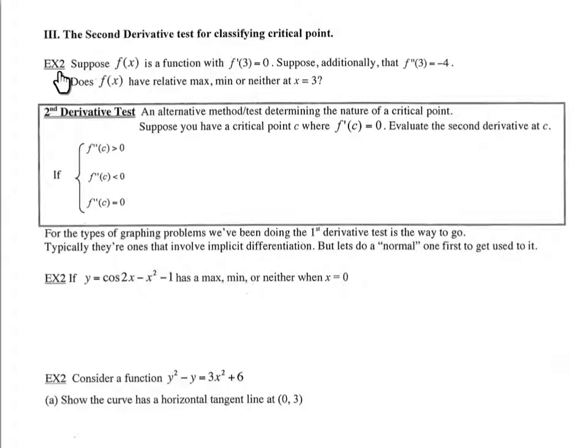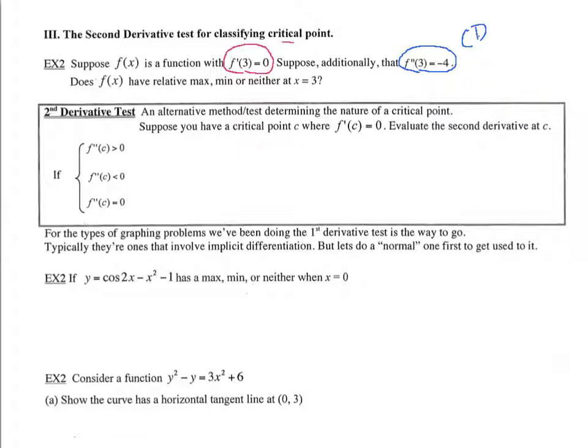The value of the first derivative here tells us that we have a 0 slope, and it is a critical point because the slope is 0. It could be a min, it could be a max. The value of the second derivative here tells us that we are concave down.